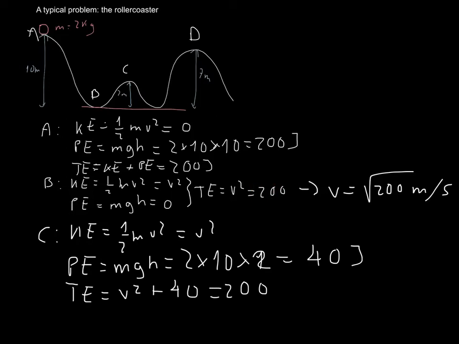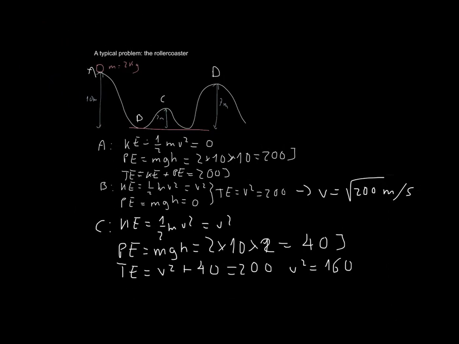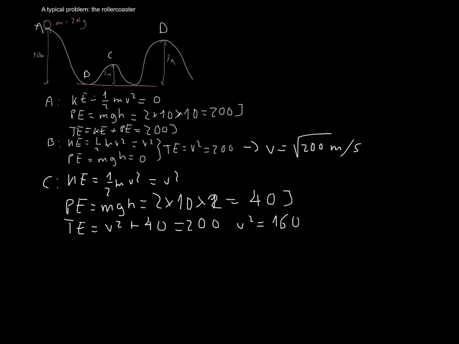Now, as you know, this 40, I can put it in here, subtracting, so I get that v squared has to equal 160, and therefore we have that v has to equal the square root of 160, which is 4 square root of 10 meters per second. Done. So again, always the same principle.